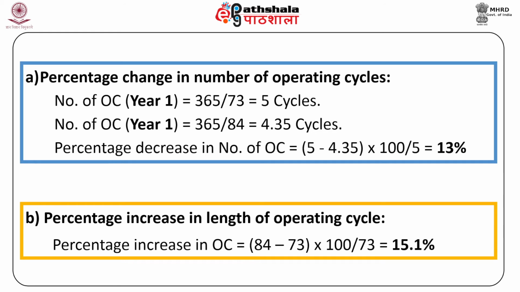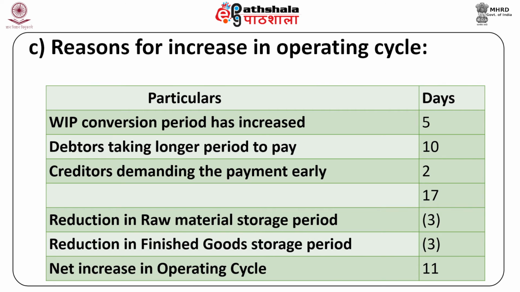Now, the percentage increase in the length of the operating cycle. It will be (84 minus 73) multiplied by 100 divided by 73, which comes to 15.1%. Number 3, reasons for increase in operating cycle.